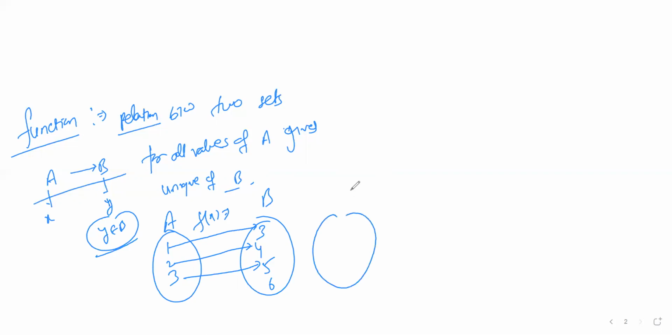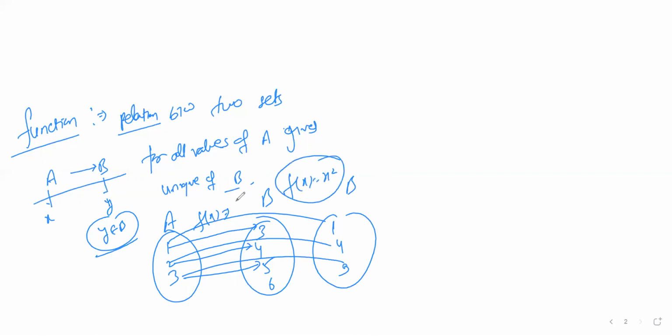But if in place of B it is 1, 4 and 9, then the image of 1 is 1, the image of 2 is 4 and the image of 3 is 9. So from here we can say the function must be x square. You need to square the value of x, and you will get the elements of set B. So function means always remember that there should be a unique value of y for each input value of x.